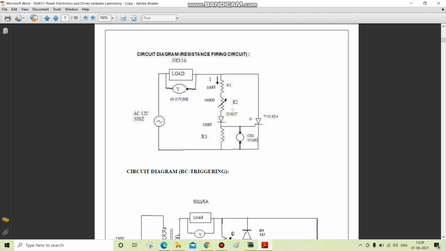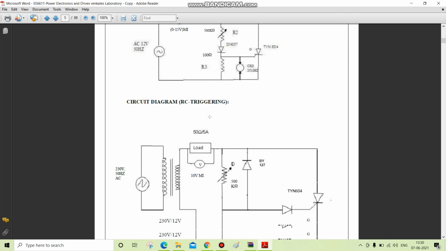The resistance R1 will limit the current through the gate of the SCR, and R2 is the variable resistance added to the circuit to achieve control over the triggering angle of the SCR, and the third resistance R3 is used as a stabilizing resistor. Then we are using a diode. The diode D is required to ensure that no negative voltage will reach the gate of the SCR. We are using one diode, IN4007.